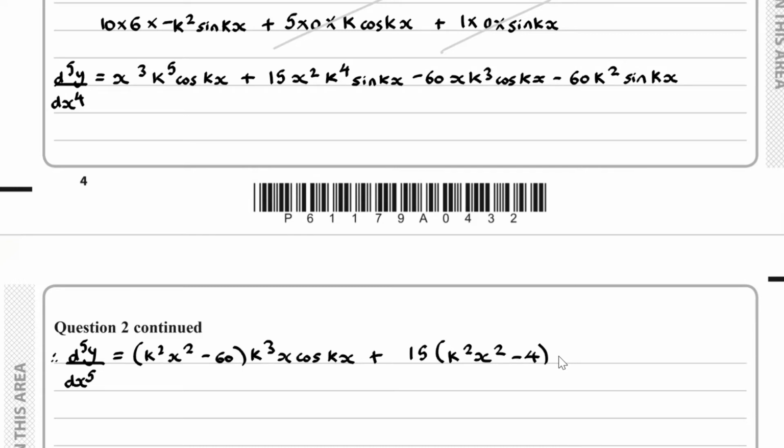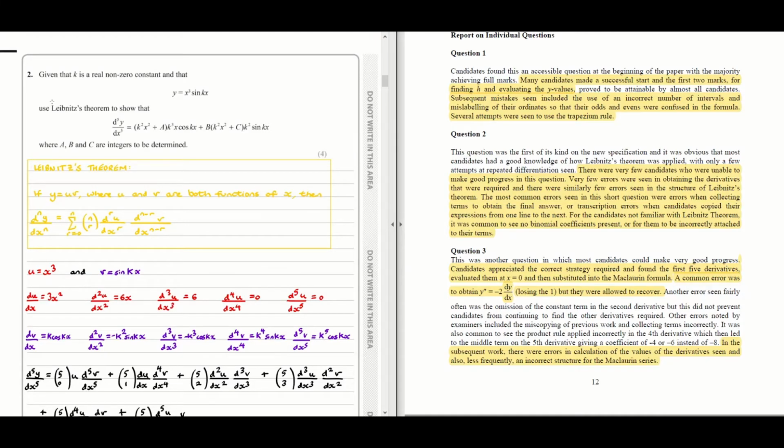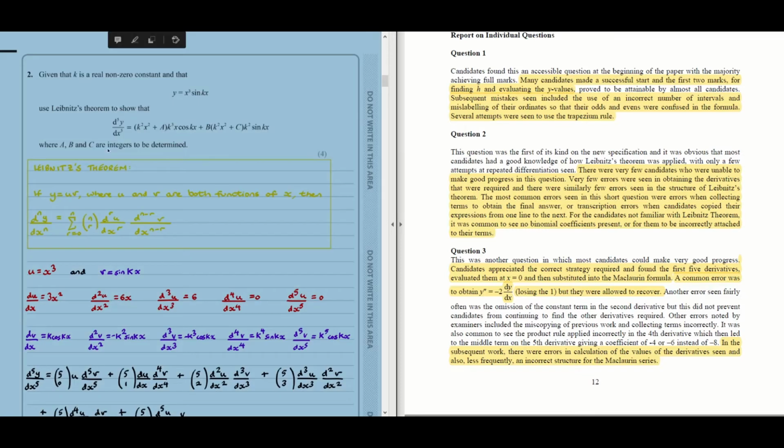And then we have k squared sine kx. So that's the fifth derivative of y. And in conclusion, a is equal to minus 60, b is equal to 15, and c is equal to minus 4.